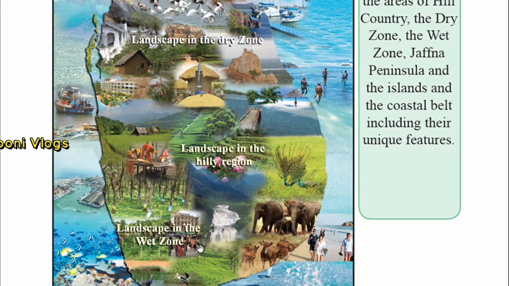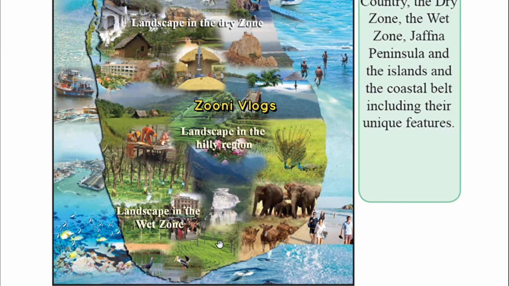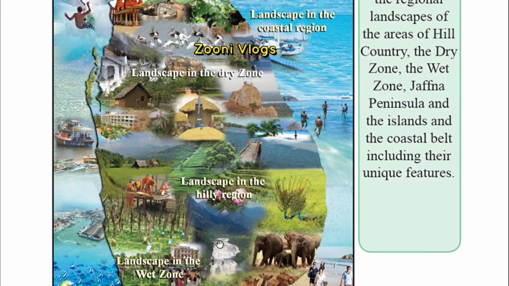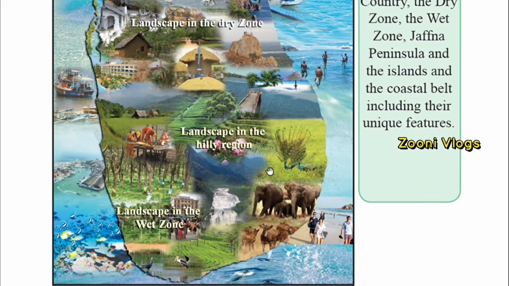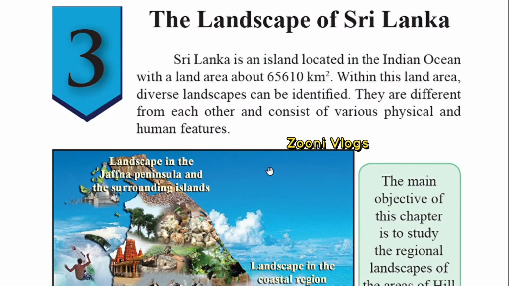Here in the wet zone you can see some waterfalls, and a variety of animals can be seen. Especially the plantations can be seen, especially tea plantations and all. Each and every place differs from the other, but around the country we can see a coastal belt because our country is an island.